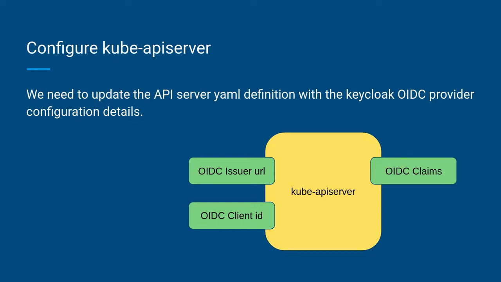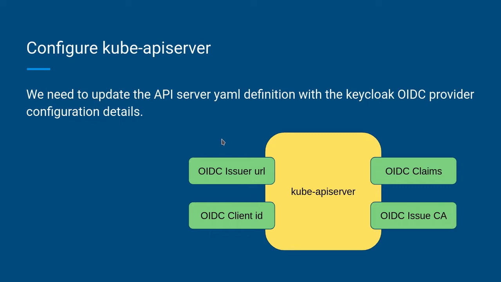The third one which I am showing is optional, but we need to configure it so that we know what we want to authenticate with: some claims which we are passing as part of the JWT token.